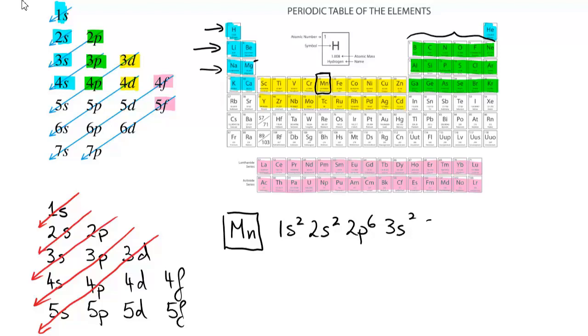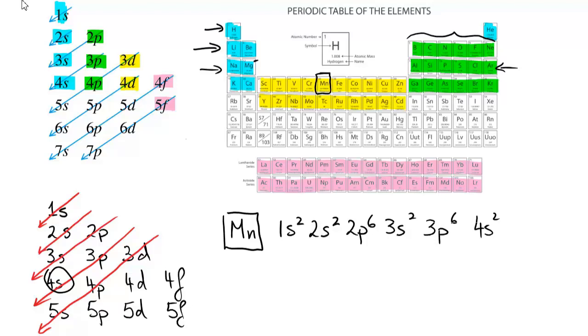So we have to organize the 3p, and 6 electrons fit into the third p subshell. And then we actually have to go to the 4s subshell, which you can see is right here. So we have to go 4s2.